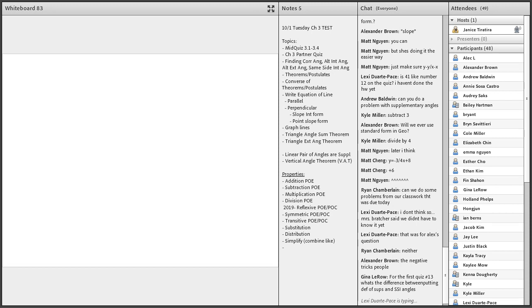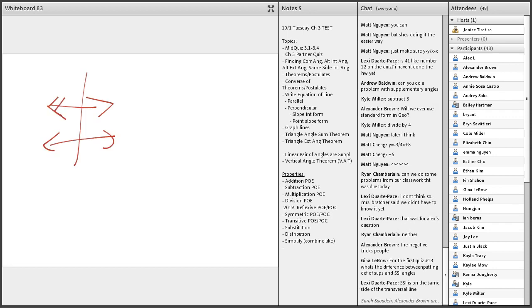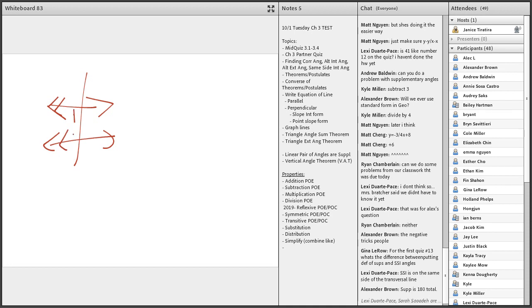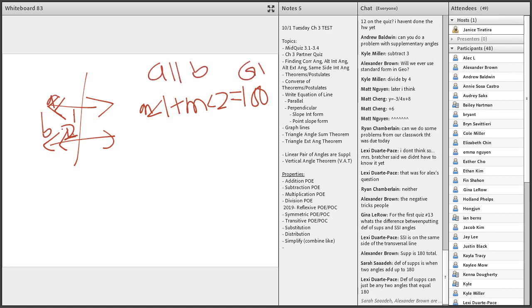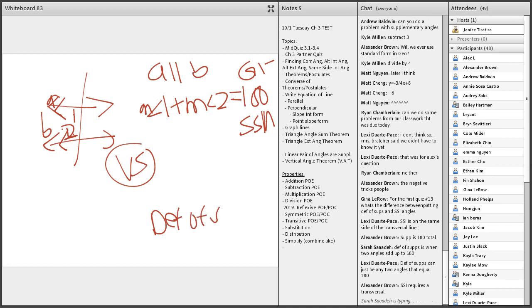Oh yeah, definitional supplementary and SSIA is different. How do I say this fast? Okay, Gina. So SSIA angles, you have to have parallel lines, and then those are now SSIA. So in this picture, angle 1, angle 2, 180, it's because the lines were parallel. So now we can say SSIA, okay? Versus, when do you use definition of supplementary?